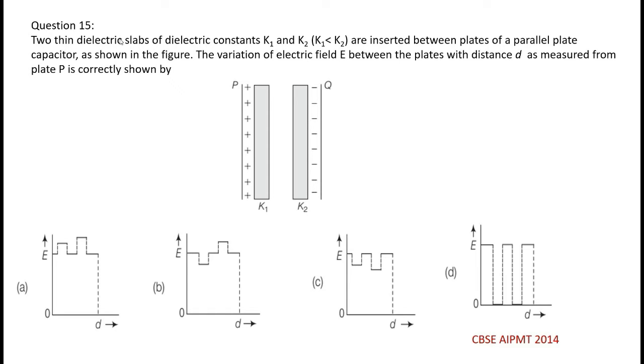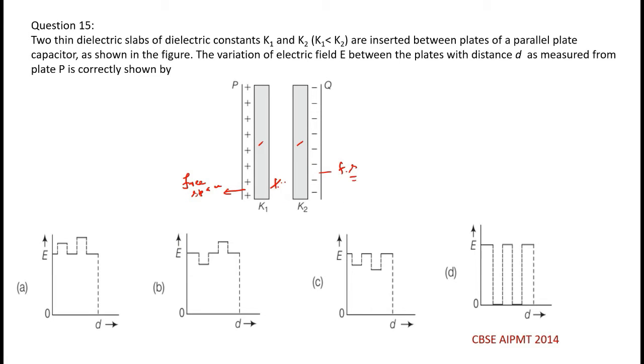See, two thin dielectric slabs of dielectric constants K1 and K2. So this is one dielectric slab, and this is another dielectric slab. Here and all, free space. Here you have free space, here also free space.